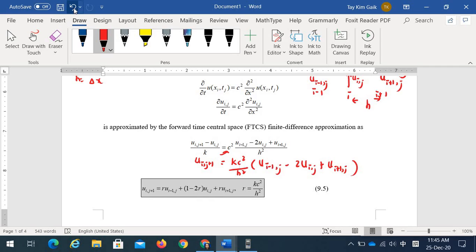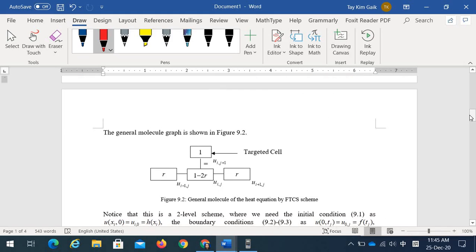This term k brought up here, so you see minus u_ij, so on the right side it becomes plus u_ij. The k c squared over h squared, we let it equal r. Expanding, you have r u_(i-1),j and also r u_(i+1),j. In the center you have minus 2r u_ij plus u_ij, so you have 1 time u_ij minus 2r u_ij.